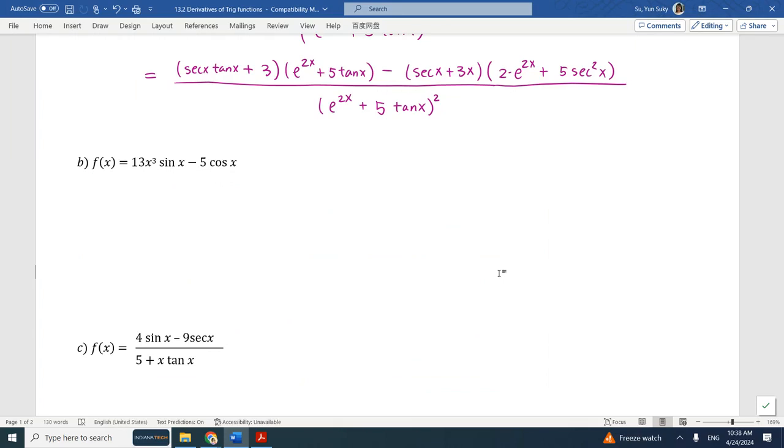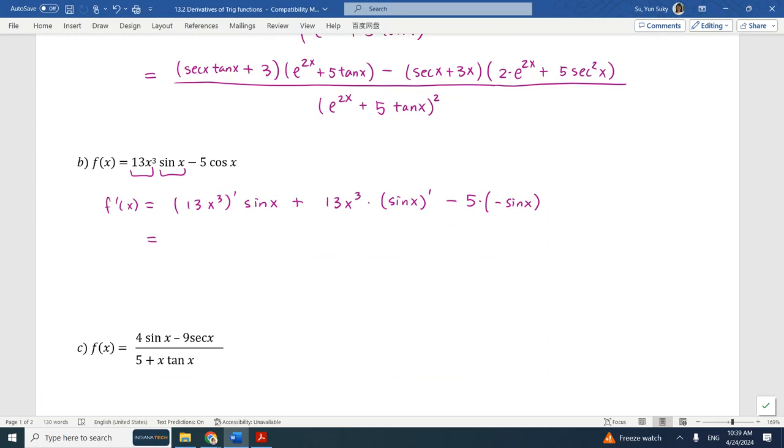Let's check our answer. Okay. So the first term is a product of two functions. So we need the product rule, which is the 13x cubed prime times sine x plus the u times the v prime. And the derivative of cosine is what? Negative sine x, right?